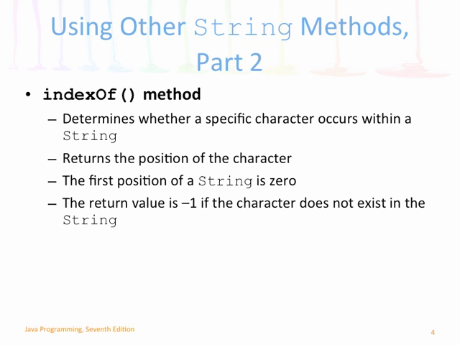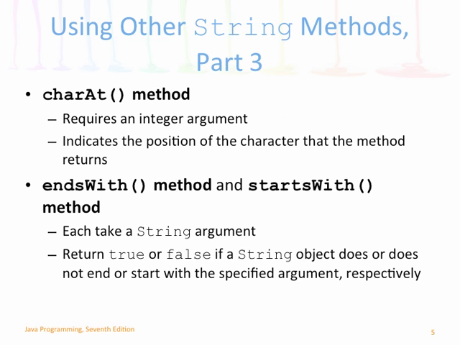Oh, sorry, one more thing. indexOf returns a -1 if the character you're looking for cannot be found in the string. So -1 will be returned if it's not found. Otherwise, it will return the index of the character that you're looking for. The charAt method requires an integer argument. That integer argument represents an index, and you're looking for a character at a specific location.